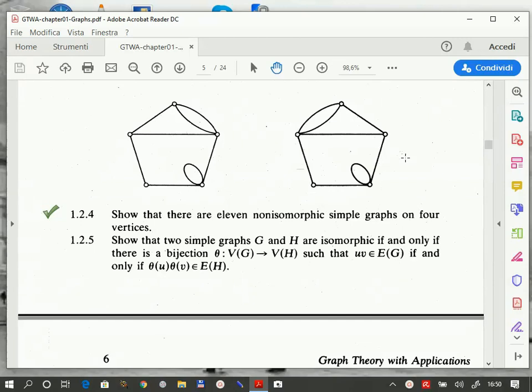No. So this is not correct. Let's see the other possibility, that theta of E is Y. But is Y joined to W? No. So also this possibility is not true. And this means there is no possibility. You have quite a lot of bijections, vertex to vertex, edge to edge, but none of them respects the incidence.